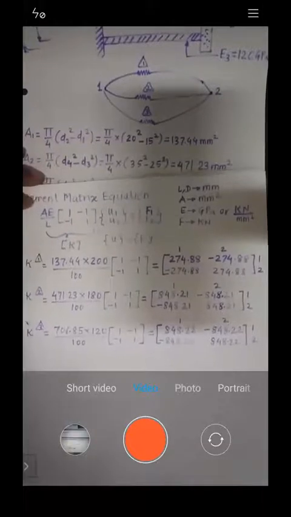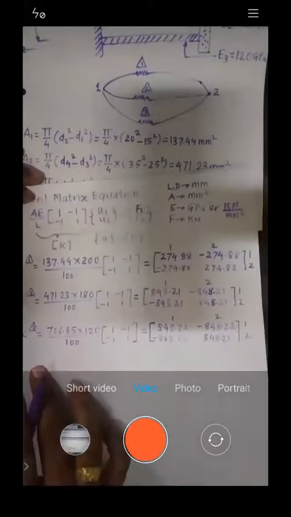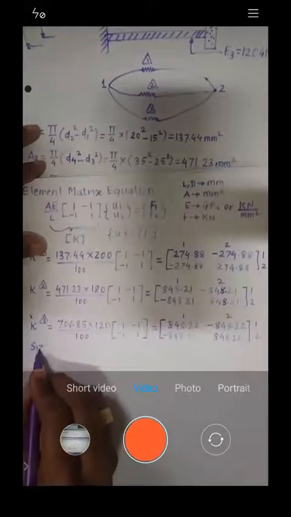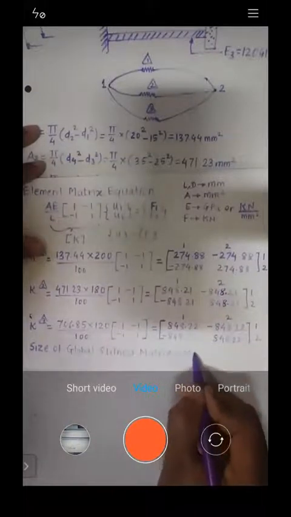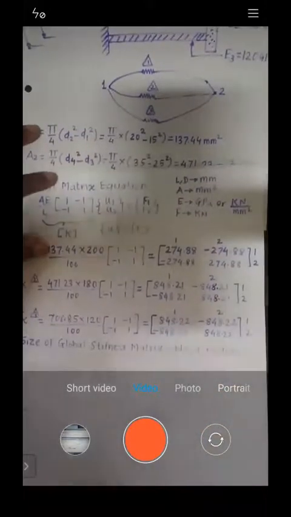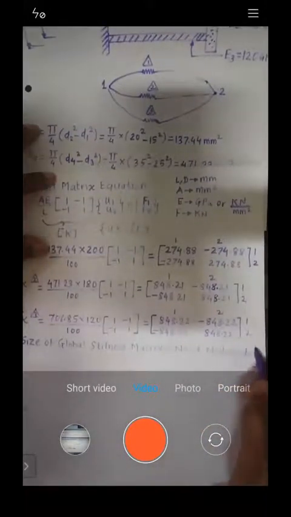Okay. Now we need to go for the global matrix. But before that, you should know the size of the global stiffness matrix. The size is determined by the number of nodes multiplied by the degrees of freedom.